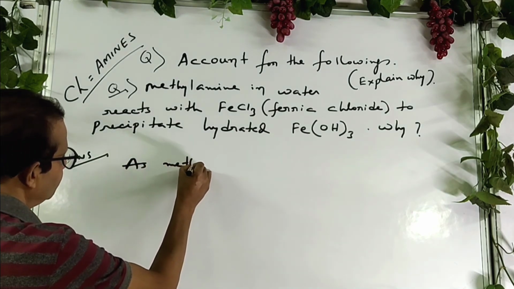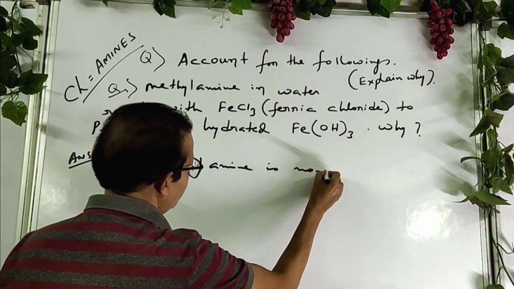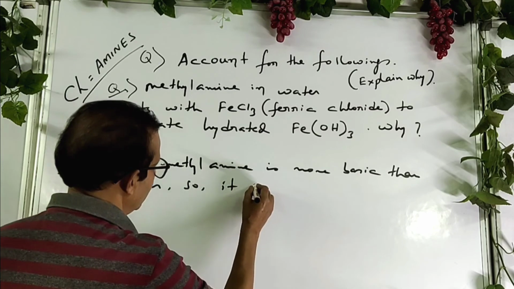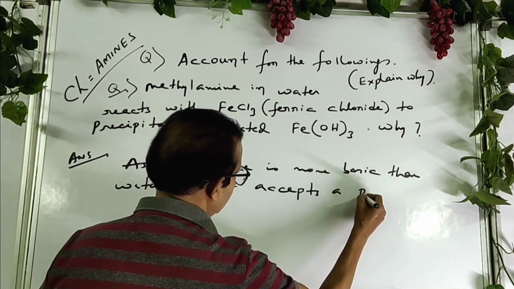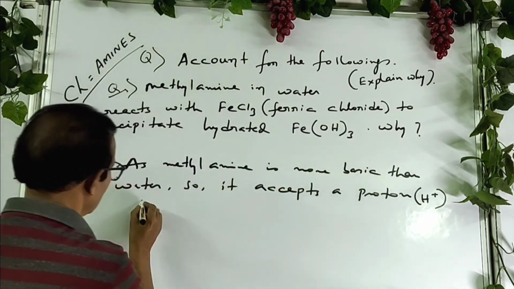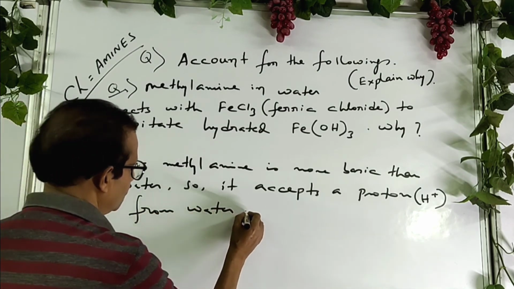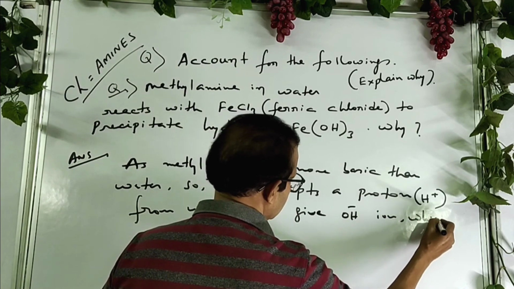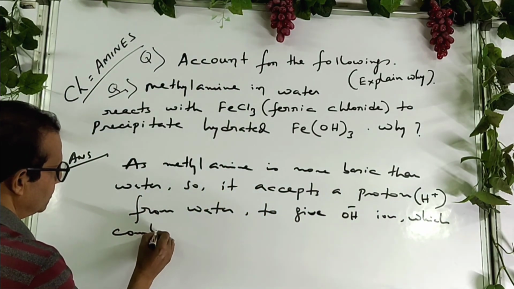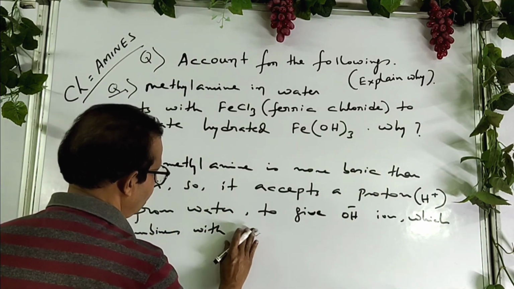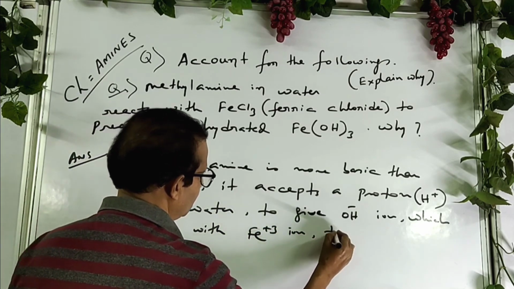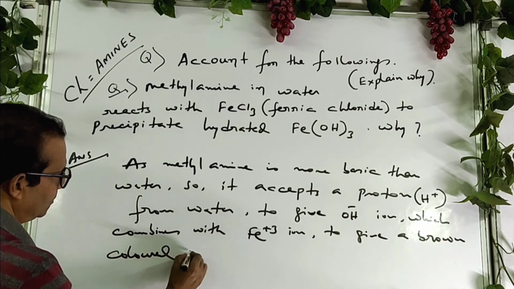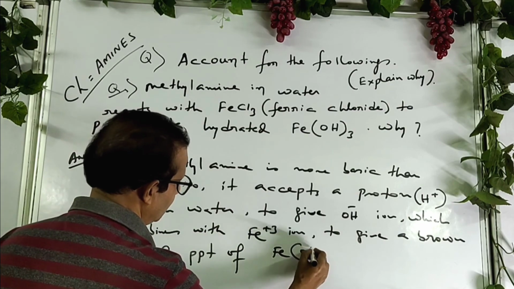As methylamine is more basic than water, it accepts a proton from water to give OH negative ion, which combines with ferric ion, Fe3+ ion, to give a brown colored precipitate of ferric hydroxide.